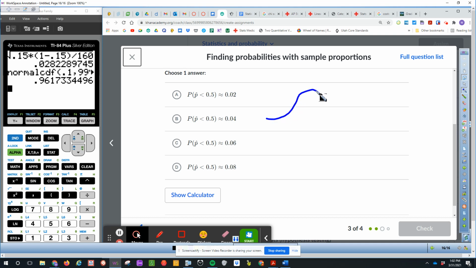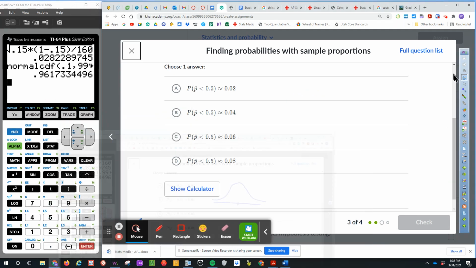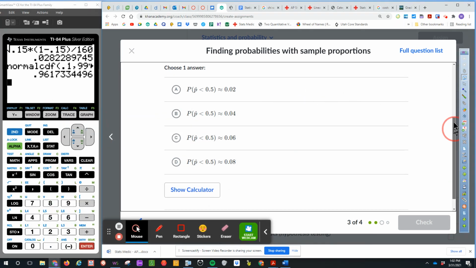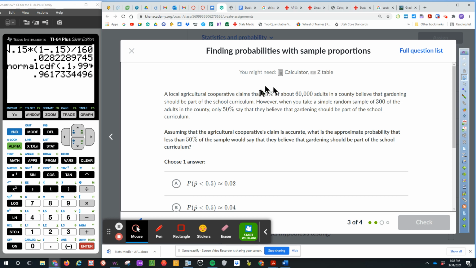So here, right, they want to find what is 0.5. So I don't know where 0.5 is, but I do know where my mean should be. My mean here, according to the question, is 0.55, isn't it? My mean, my population proportion is 0.55.